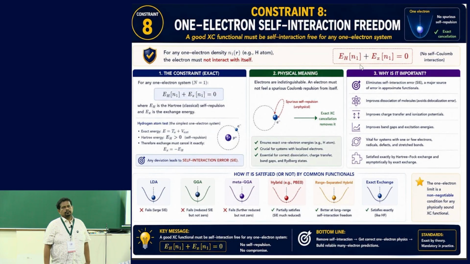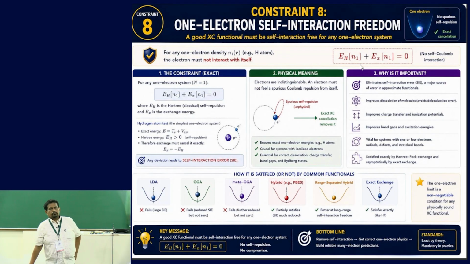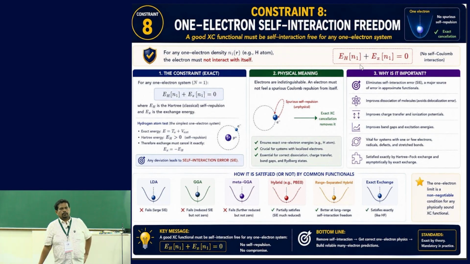But in the UEG limit, it must only go as rho 4/3. So I'm just thinking, is it even a possible construction that everything goes as rho squared, but then goes as rho 4/3 in the UEG limit?